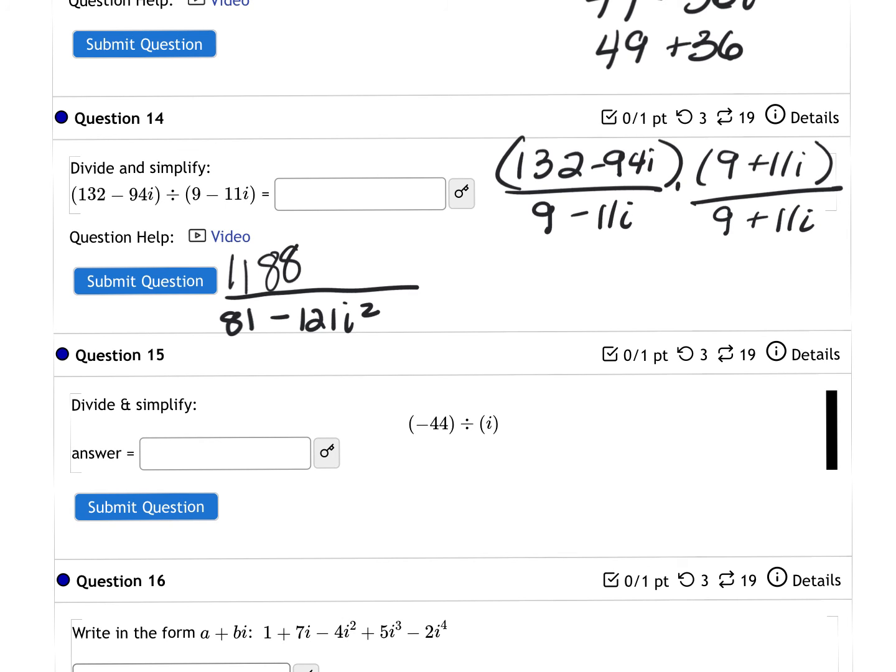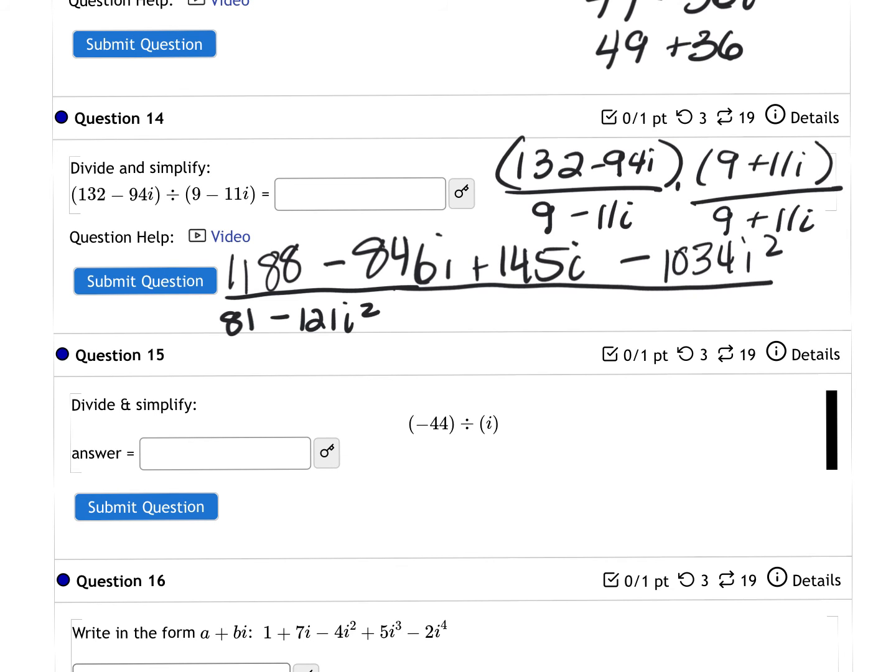And that's that term. And then the next term is 9 times 94, negative 846i, and then 132 times 11 plus 1,452i, and then 94 times 11, 1,034, minus 1,034i squared.